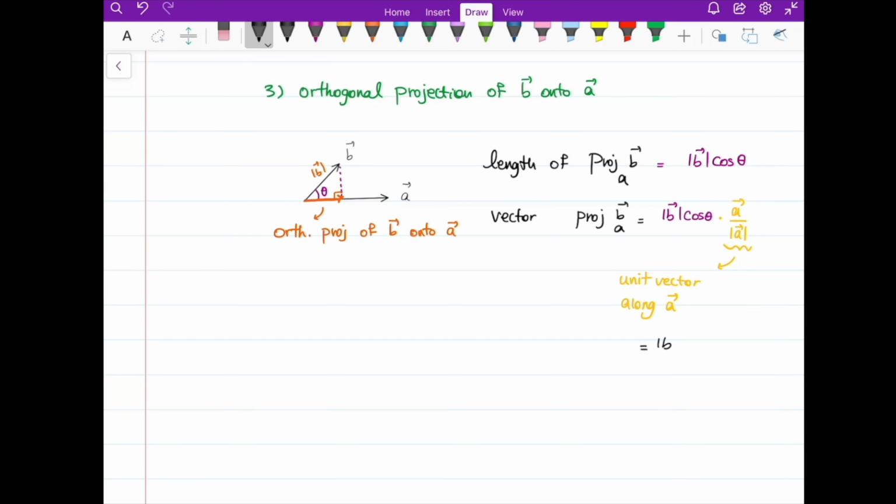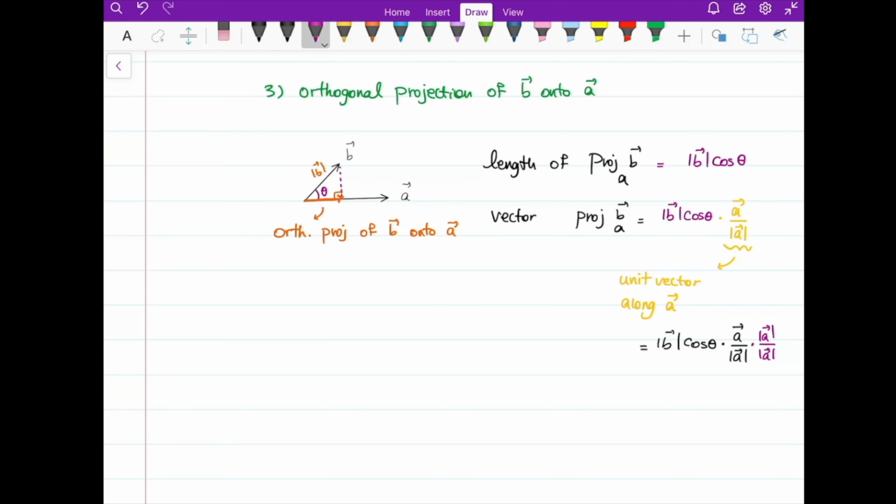I have the length of B, cosine theta, and then A over the length of A. To find an easier notation, I'm going to multiply by the length of A divided by the length of A.